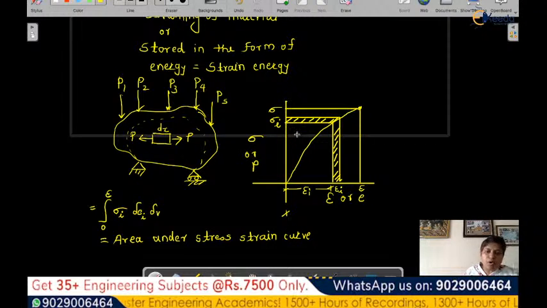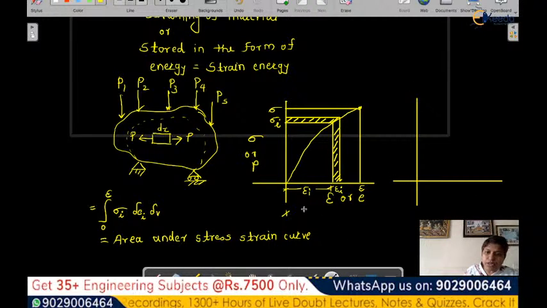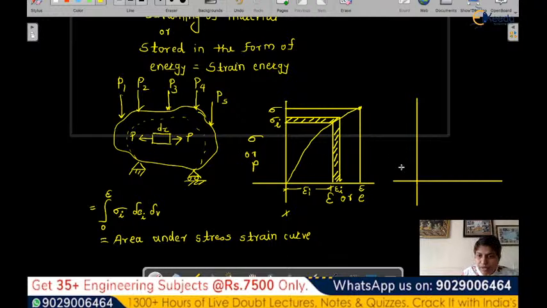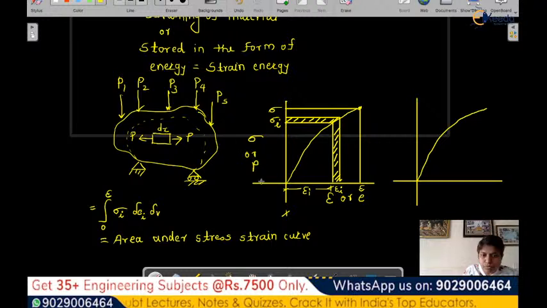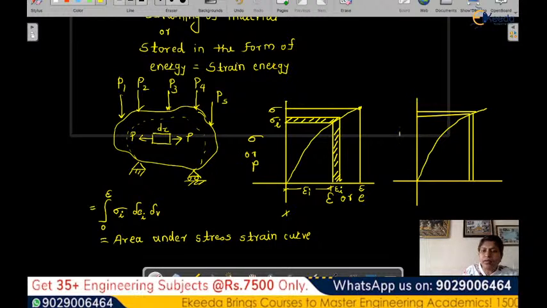Now this is stress versus strain. If you want to plot a similar curve for load versus deflection, we can plot it the same way. For a particular element, the y-axis is load and the x-axis is deflection.